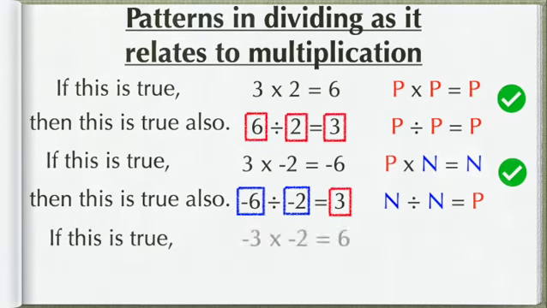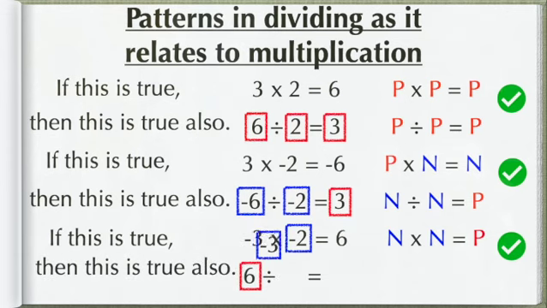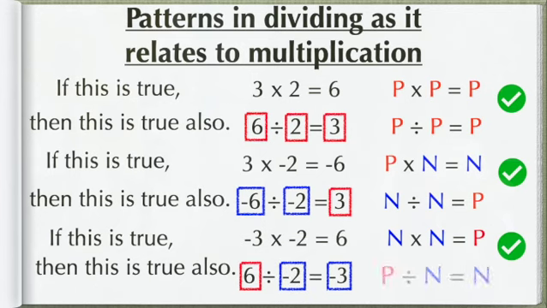So if this is true, negative 3 times negative 2 is 6, and a negative times a negative is a positive, which it is, then this also has to be true: 6 divided by negative 2 is equal to negative 3, or a positive divided by a negative is a negative. So we're using the multiplication rules to understand the division rules, because division is multiplication in reverse, just like subtraction is addition in reverse.